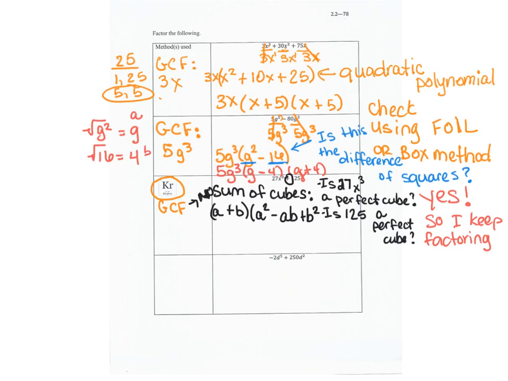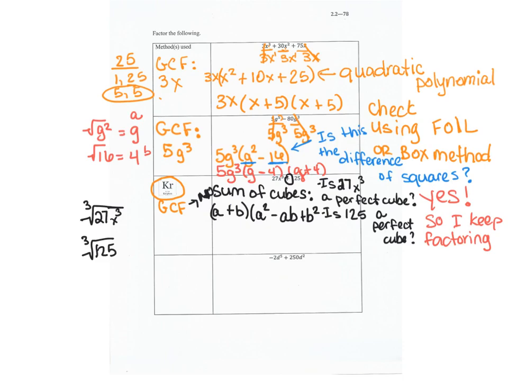Nothing for me to factor out. 27 and 125 won't divide by anything in particular that we need to take out. So I'm going to come over to the side and I'm going to take the cube root of 27x cubed, and then I'm going to take the cube root of 125.